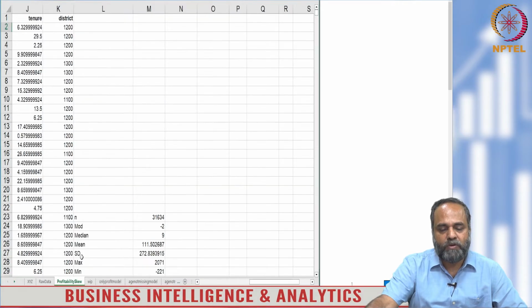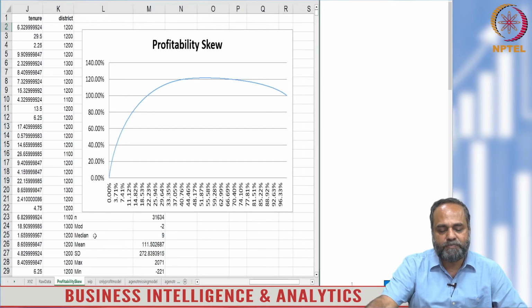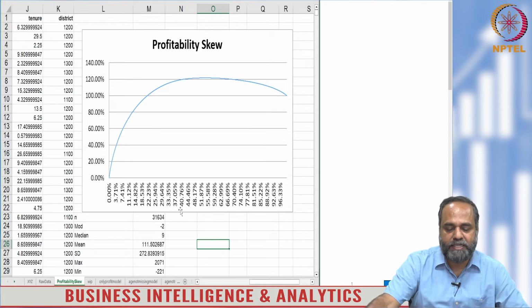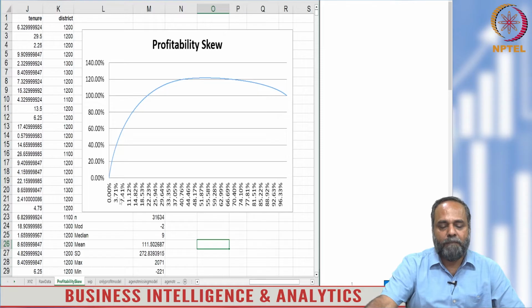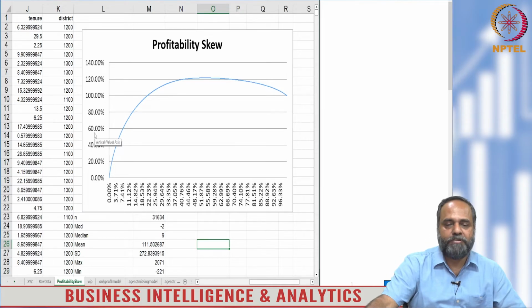In the next stage, what I am trying to depict here is something known as a profitability skew. You can see the x-axis and the y-axis: the x-axis is the percent of customers and the y-axis is the percentage of profitability.